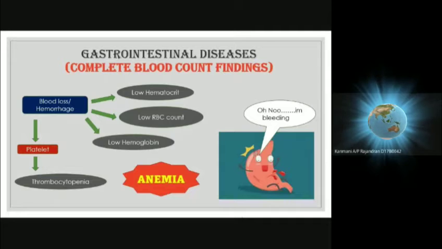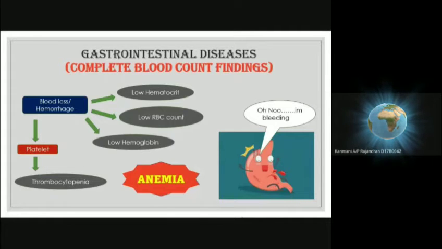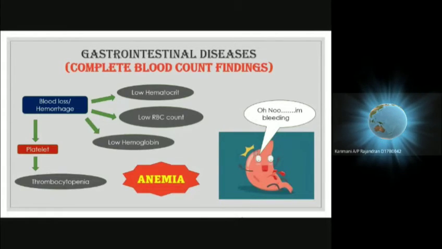I hope you have some picture of how clinical pathology laboratory tests such as complete blood count and serum biochemistry tests are helpful to rule in possible diseases, as in this video, highly suggestive of gastrointestinal tract diseases for animals showing gastrointestinal clinical signs. Anyhow, for a confirmatory diagnosis of gastrointestinal tract diseases, we need to do a further diagnostic workup.